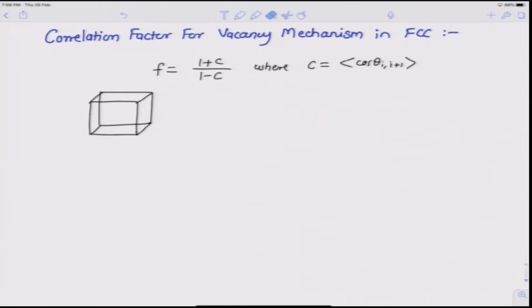So, let us consider the stacking of 100 plane of FCC. This is one plane, the other one we can draw here, and on the right side of this we will have to draw the second cube.